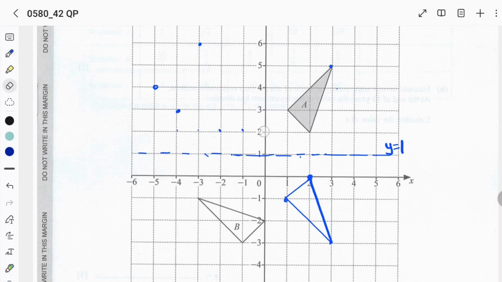So finally we got the coordinates for the translation vector minus 6 1. We translated the triangle A, and now we can draw the lines. Take your ruler and join the line. This was the answer for part A, part 2.